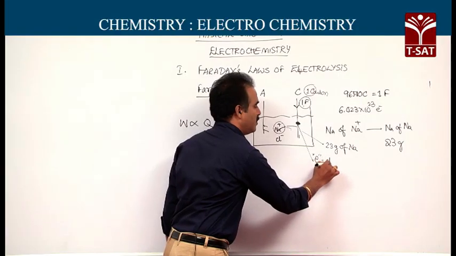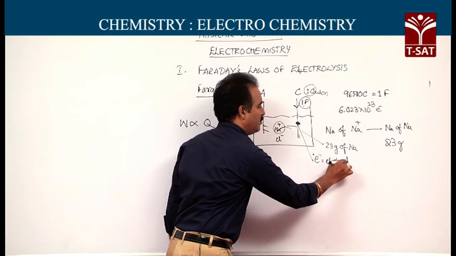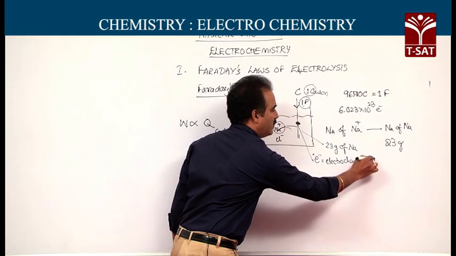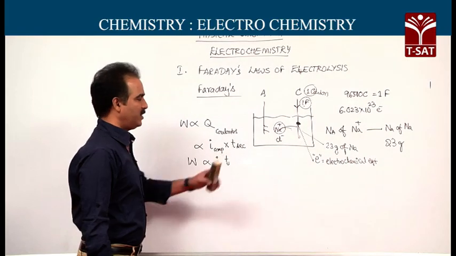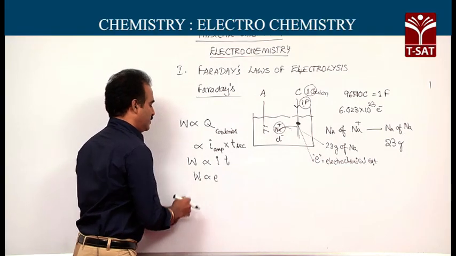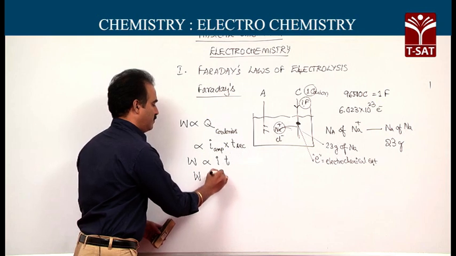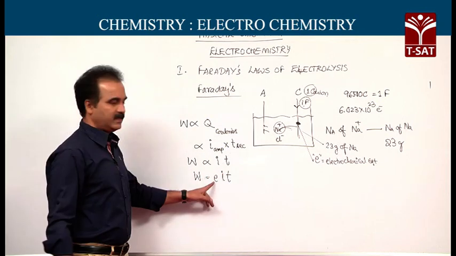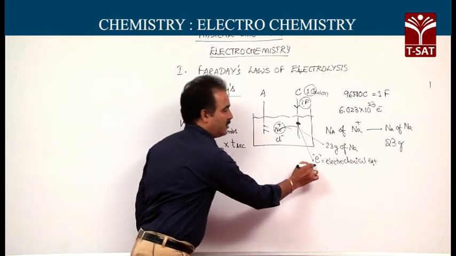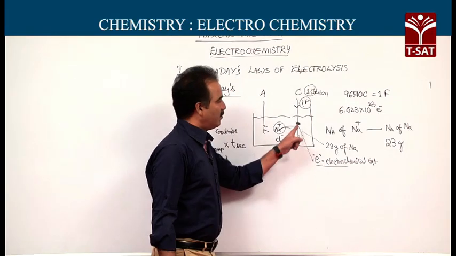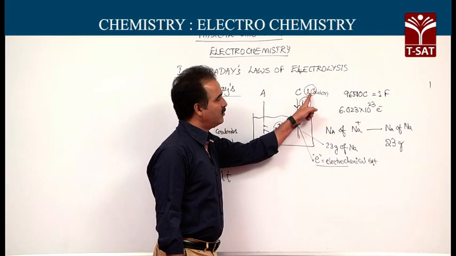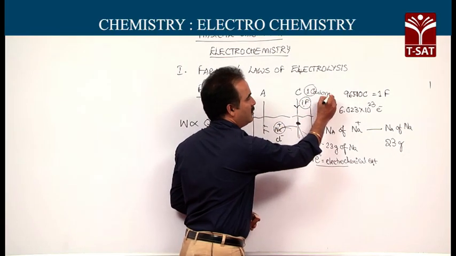So, what is electrochemical equivalent? It is the proportionality constant: W is equal to EIT, where E is called the electrochemical equivalent. Electrochemical equivalent is the amount of the substance interacting at the electrode when 1 coulomb of charge is passed through the electrolyte.